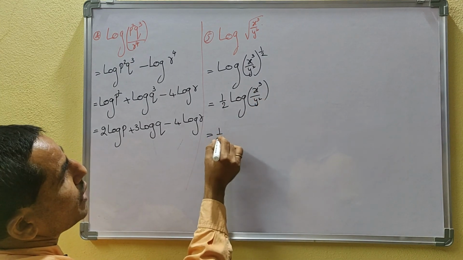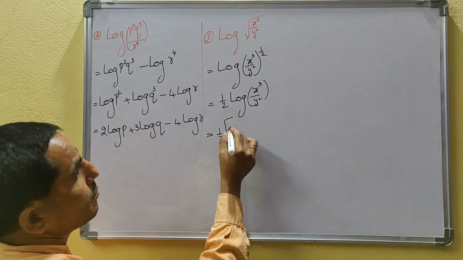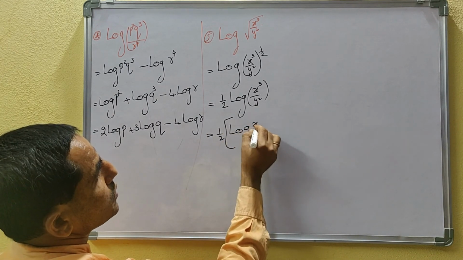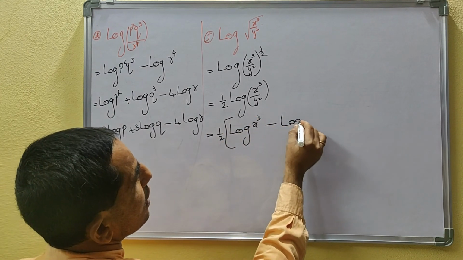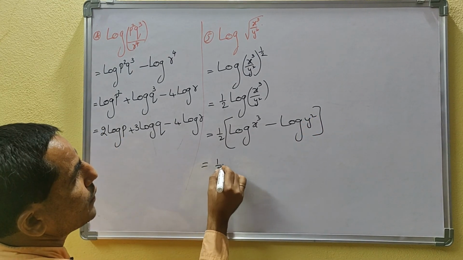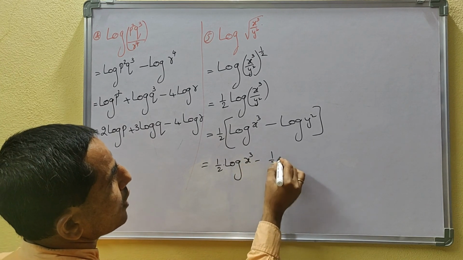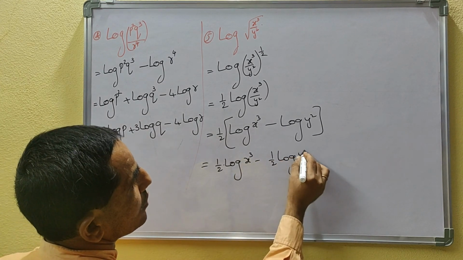So again 1 by 2 into, here log a by b is there, log a minus log b: log x cube minus log y square. So again it is equal to 1 by 2 into log x cube minus 1 by 2 into log y square.